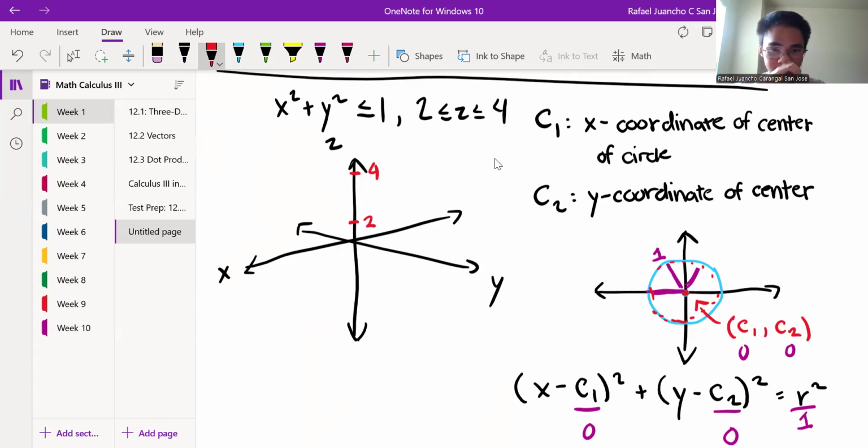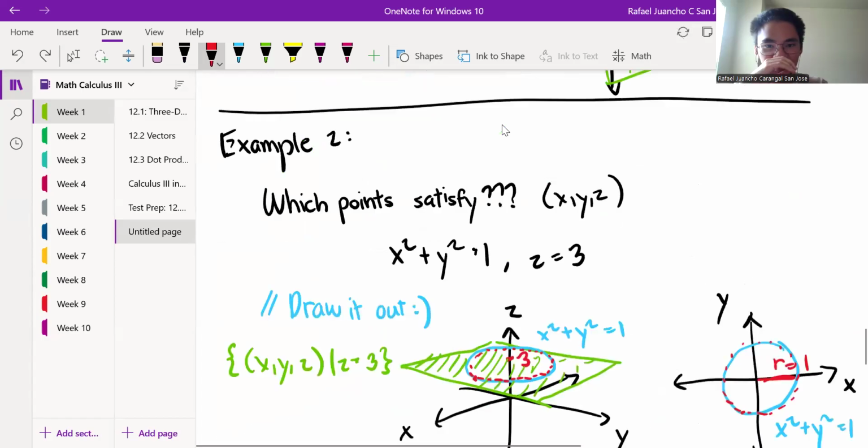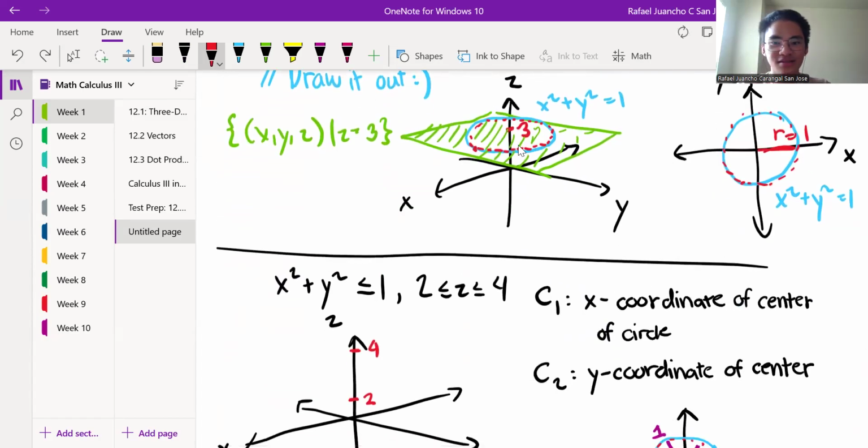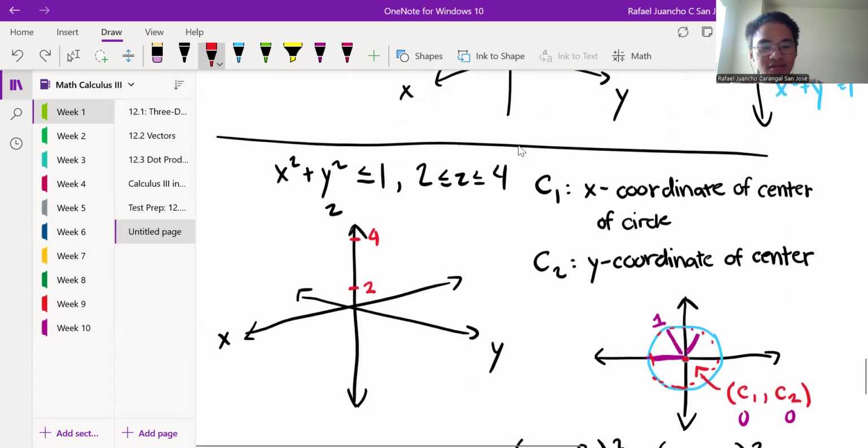Now we want to take into account the circle. We remember from the previous example. If z is 2, then our unit circle is probably like that, and if z is 4, probably like that.